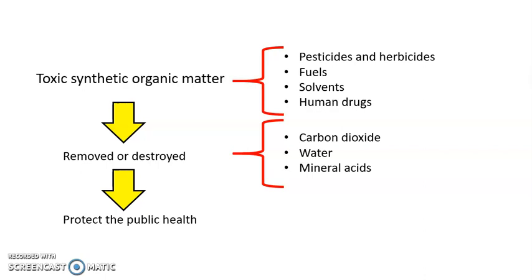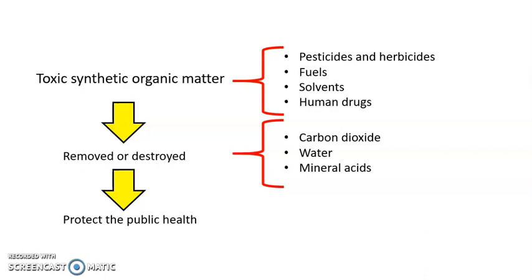What types of materials are considered synthetic organic matter? Something like pesticides, herbicides. Sometimes the water supplies are surrounded by agricultural sites, so there are some pesticides present in those water sources.